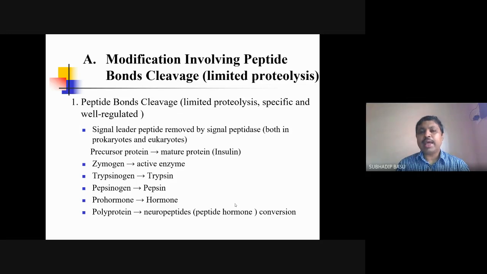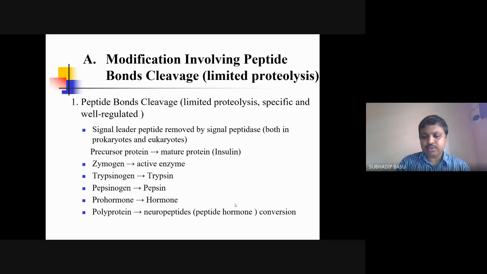Okay, and you can say that there is a C terminus and an N terminus in any amino acid. So you can say that the N terminus is binding with the C terminus, forming a peptide bond.